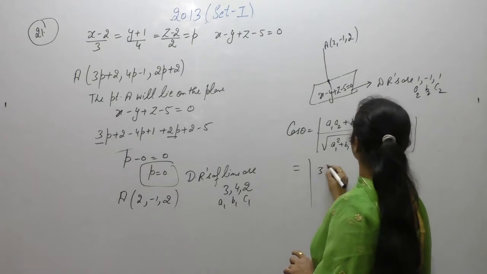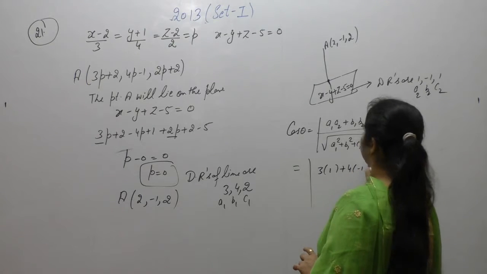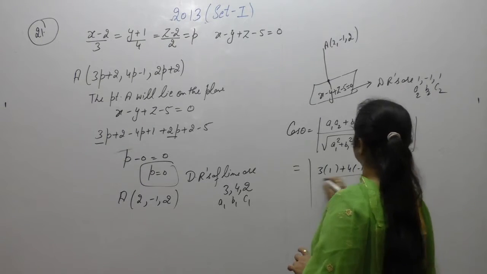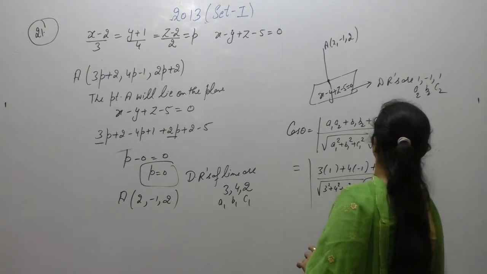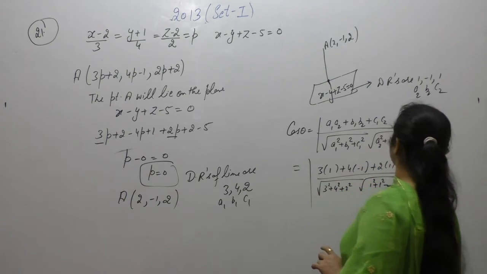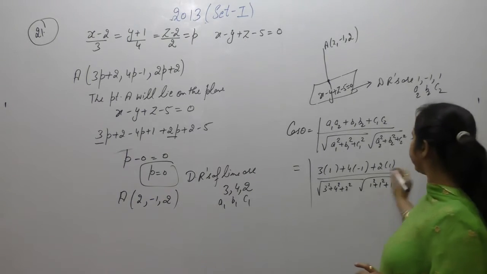So 3 into 1, 4 into minus 1, 2 into 1, over 3 square plus 4 square plus 2 square, and 1 square, minus 1 square is also 1, so 1 square.